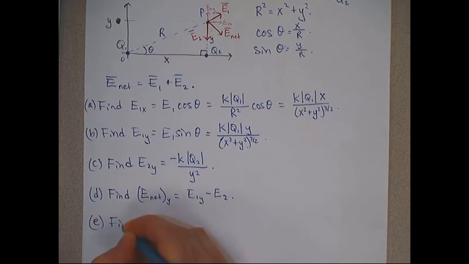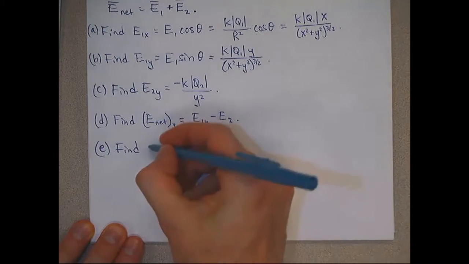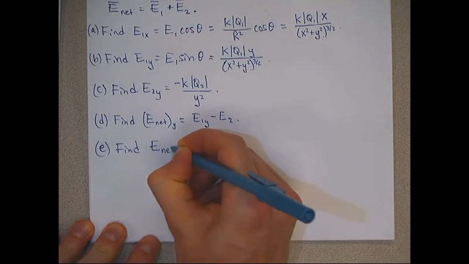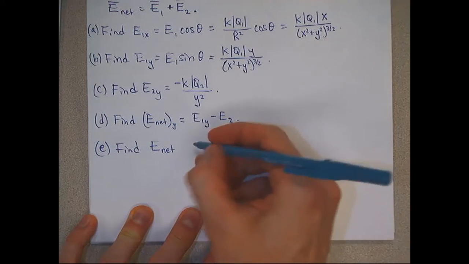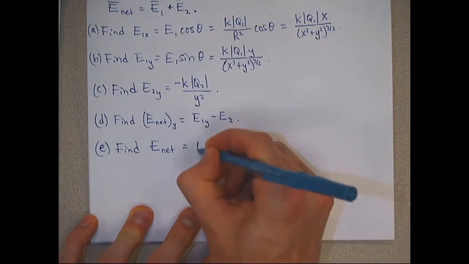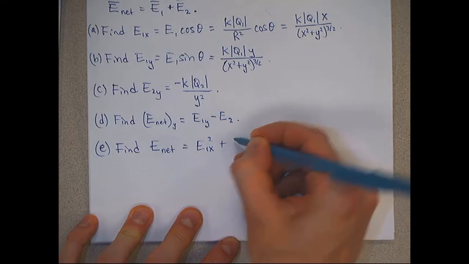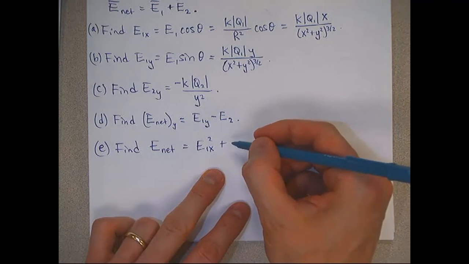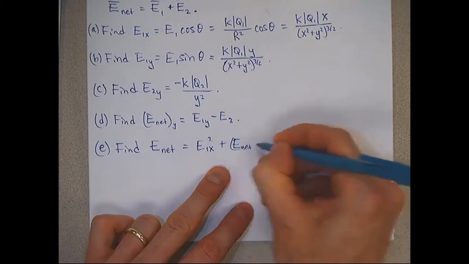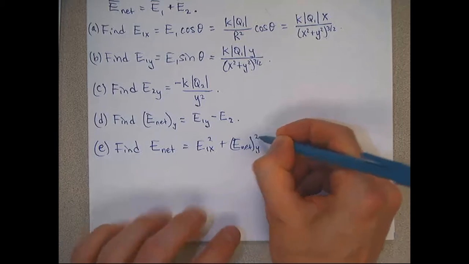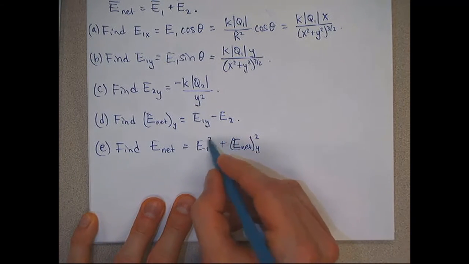To find the magnitude of the net electric field generated by both charges at location P, we'll take E1x squared plus E net y squared. Why is it not E net x squared here?